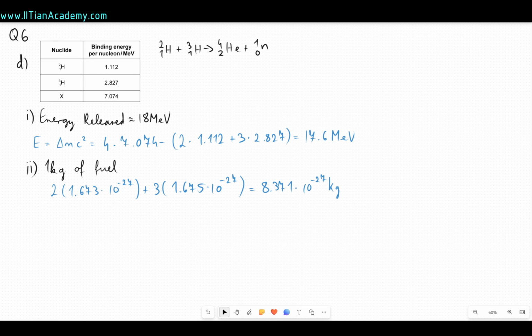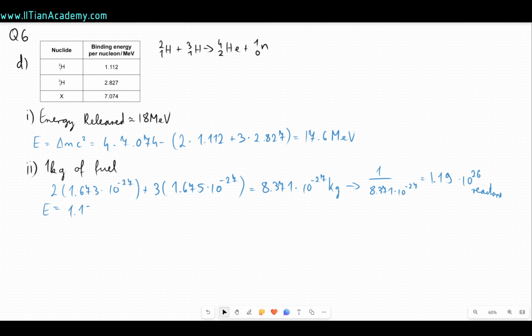So we know that we need 1 kilogram. If we do 1 over this 8.371 times 10 to the minus 27, we find that we need 1.19 times 10 to the 26 reactions, so that we have 1 kilogram of fuel. So the energy released will be this times the number of reactions, as that's the energy for one reaction.